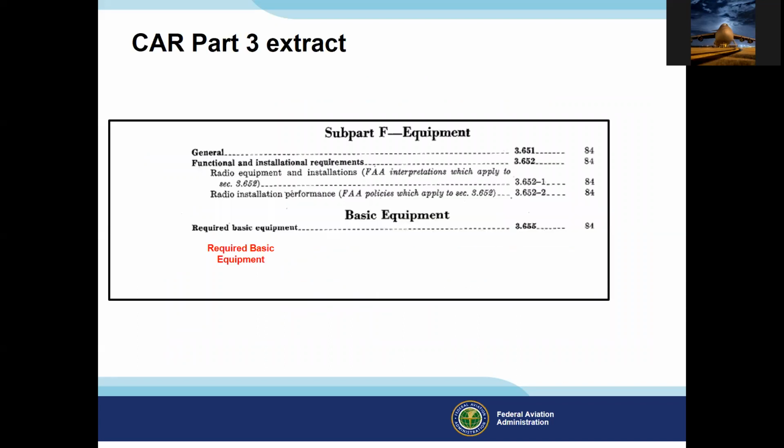All right, next slide. The 150 type specific data sheet says that that's CAR Part 3. It's a certification basis, and CAR 3 subpart F lists the equipment. And here's the required basic equipment in paragraph 3.655.